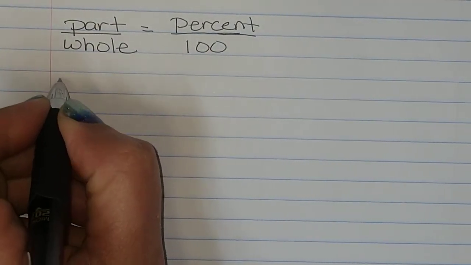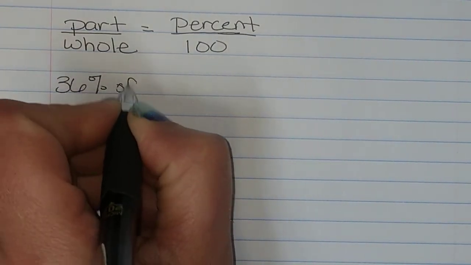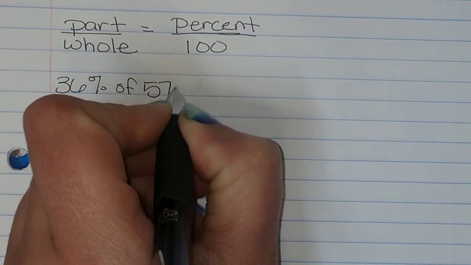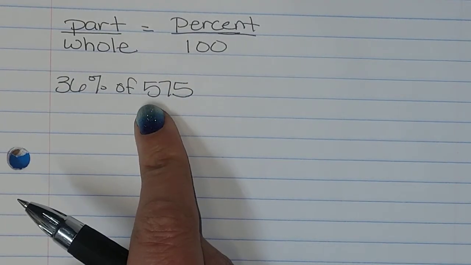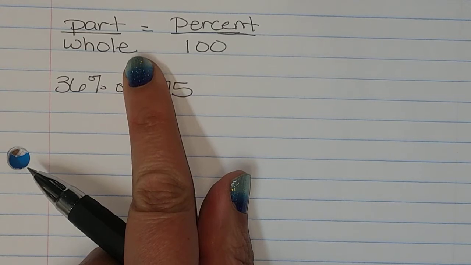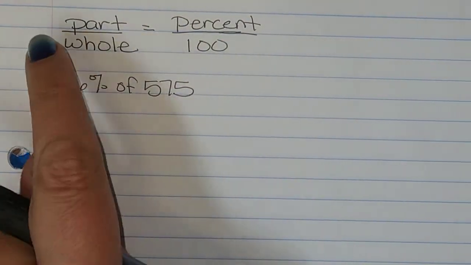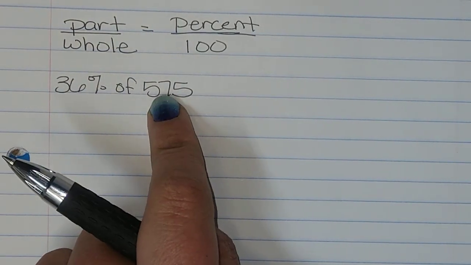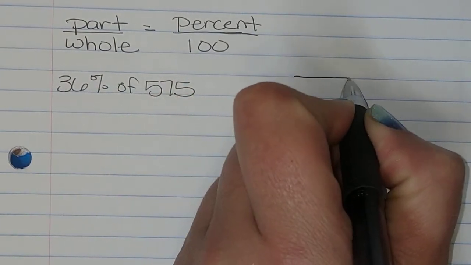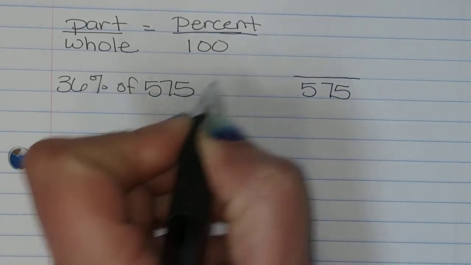So if I want to try to find 36% of, let's try 575 this time. I'm going to plug this information into this equation. I know my total is 575, or my whole. I don't have a part.